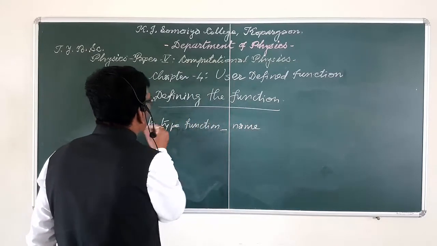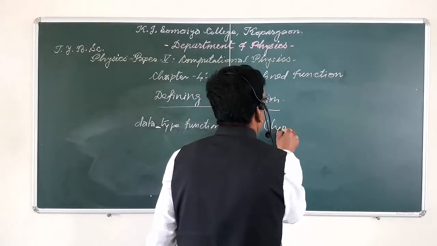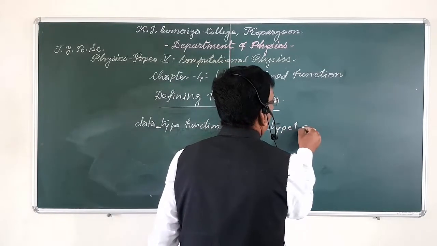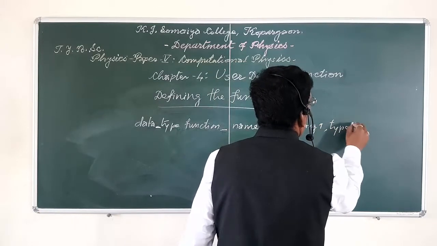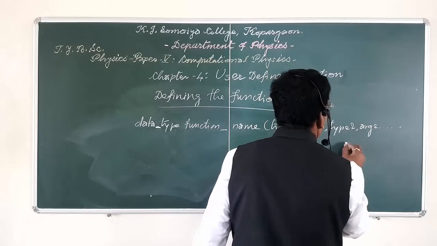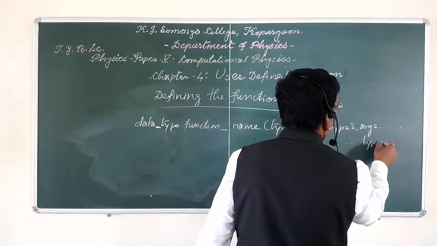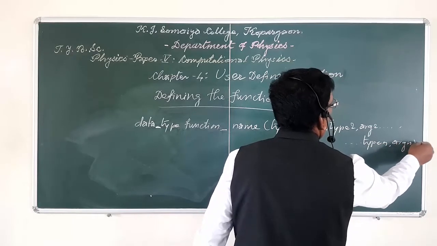And this name contains type 1 argument 1, type 2 argument 2, up to type n argument n.